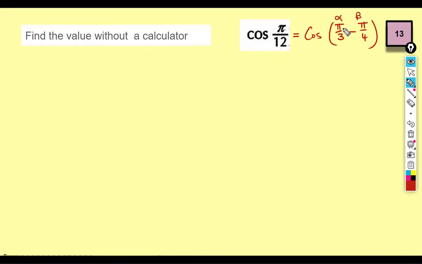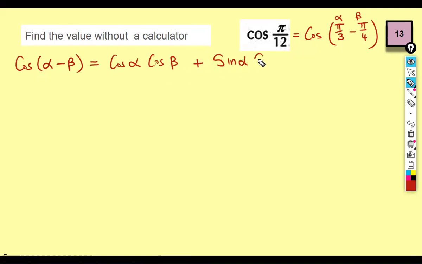This is alpha and this is beta. Cosine alpha minus beta is cosine alpha cosine beta plus. And I'm mistaken here for the cosine. When this is a minus, the middle here is plus. Sine alpha, sine beta. Anybody want to double check it?